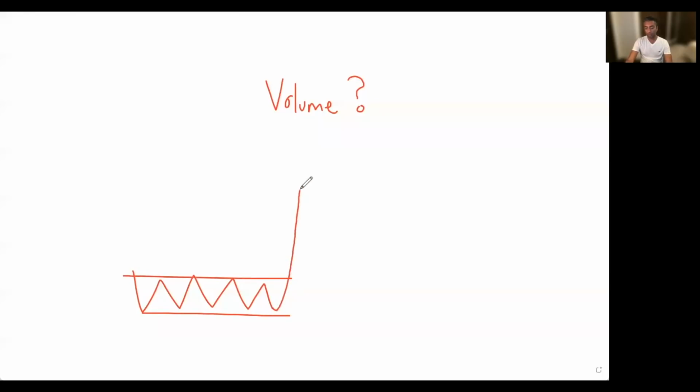Now, if this goes up and there's a lot of volume here, would you say more people bought than the store can sell? Okay, let's say the volume is very standard. Yeah, that is a sign of active buying.